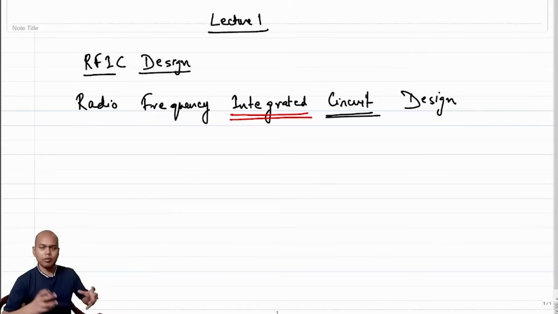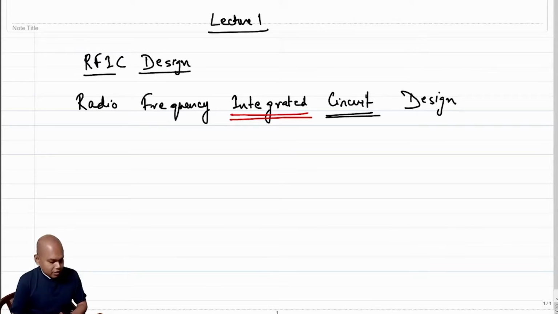I'm not talking about discrete amplifiers or discrete transistors that you get and you put them together to make an off-the-shelf component. Here we will be talking about circuits which can be put in a substrate, in a wafer, right? And it can be batch processed. And more importantly, this particular course will focus on CMOS circuits.